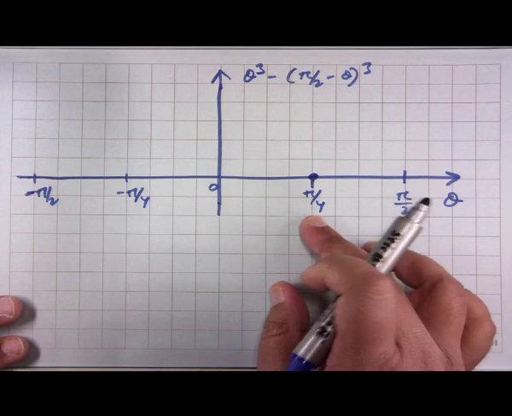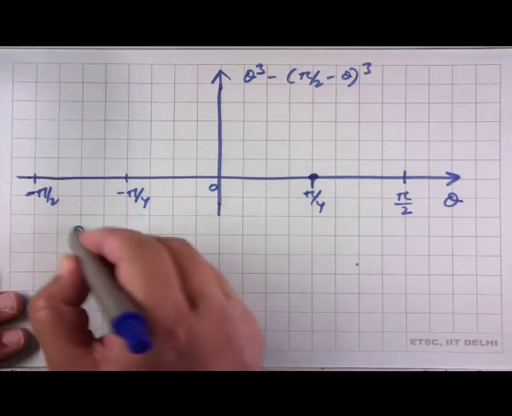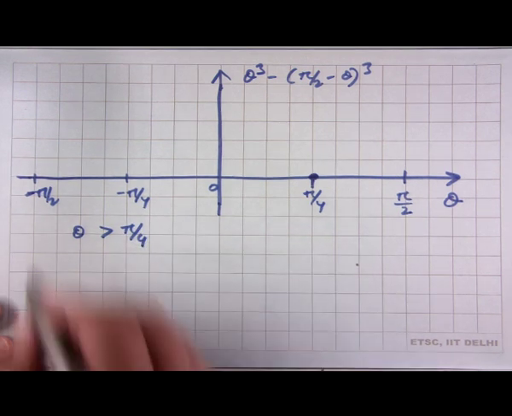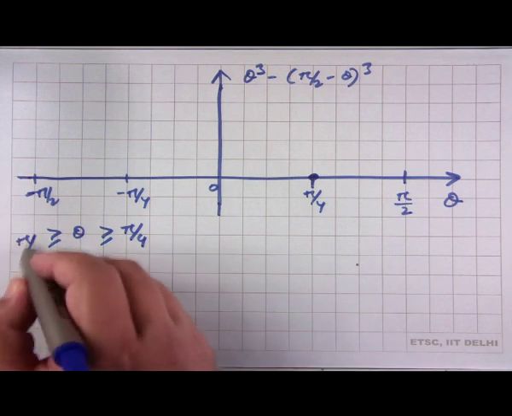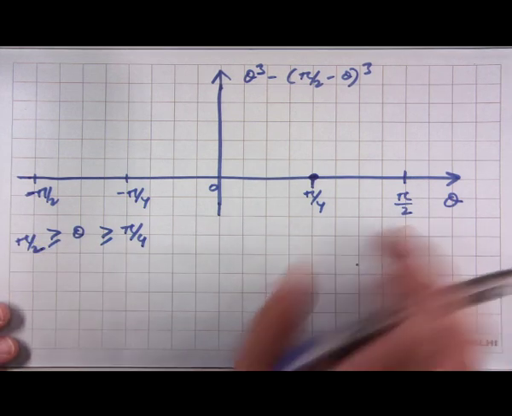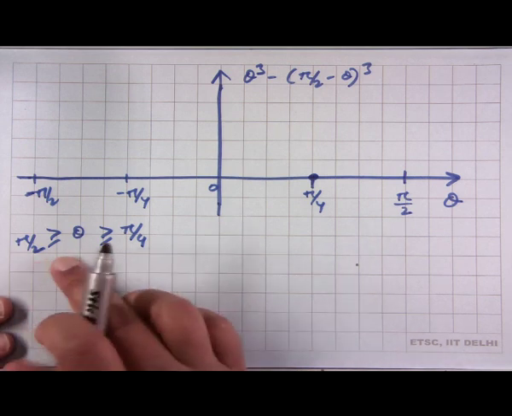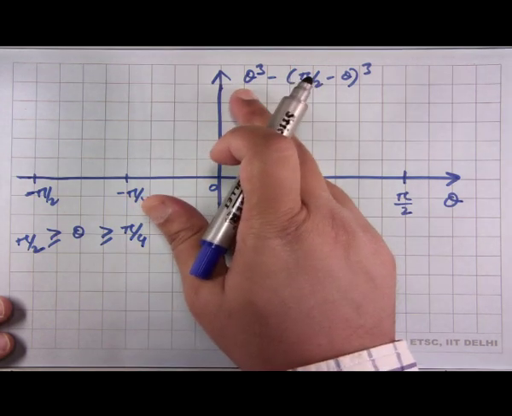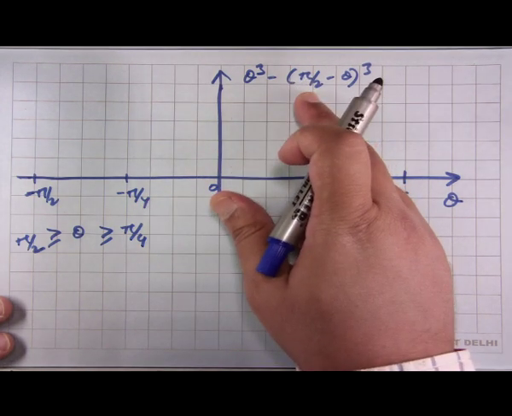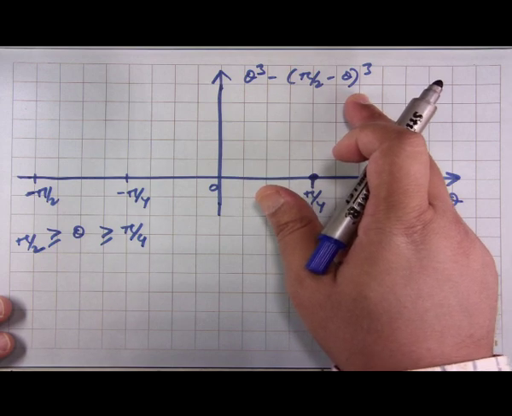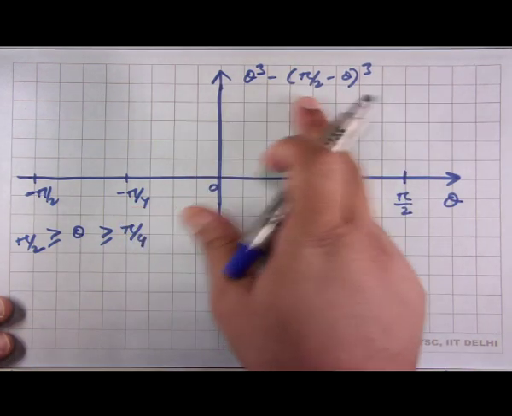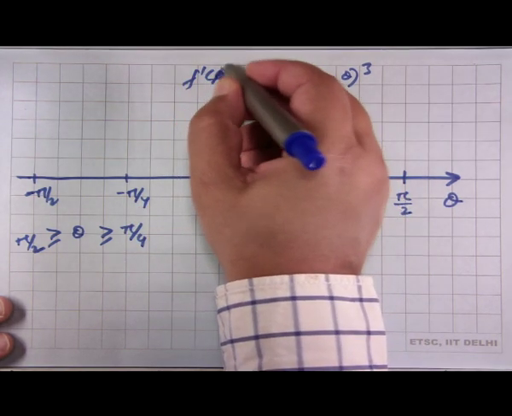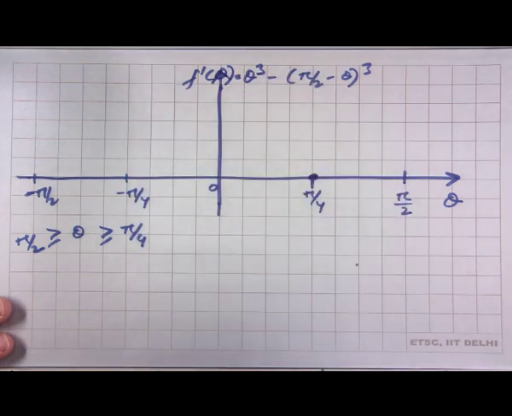So, now let us see what happens when theta is greater than pi by 4, and of course, less than or equal to pi by 2, which is this region. When theta is between these two values, both theta as well as pi by 2 minus theta are positive, and also in this region theta is greater than pi by 2 minus theta, and therefore this first derivative has to be positive.